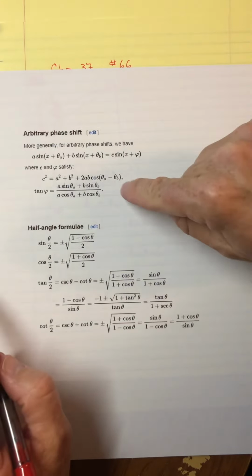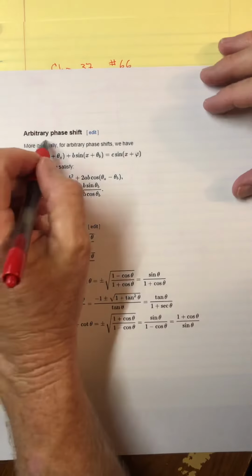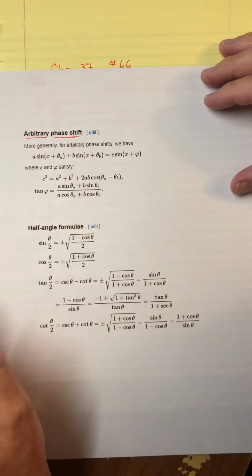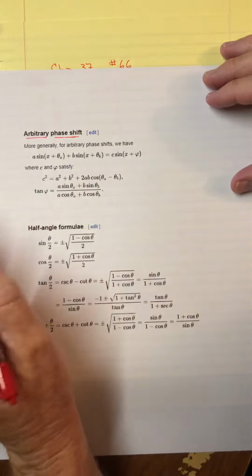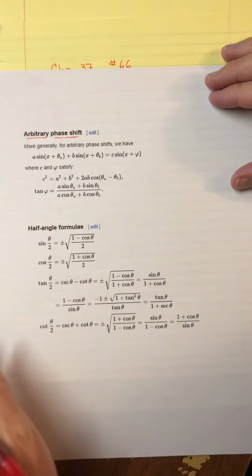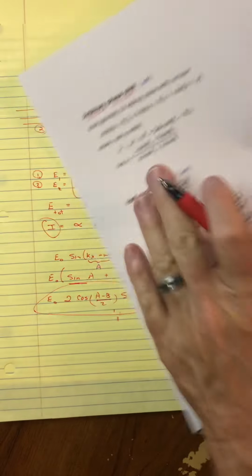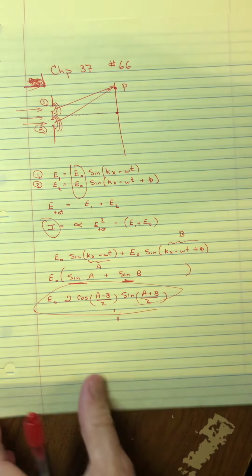I'm going to take advantage of the arbitrary phase shift with arbitrary amplitudes, because that's what I'm going to need to solve this problem. So let me keep this sheet handy, and now let's actually begin this problem.